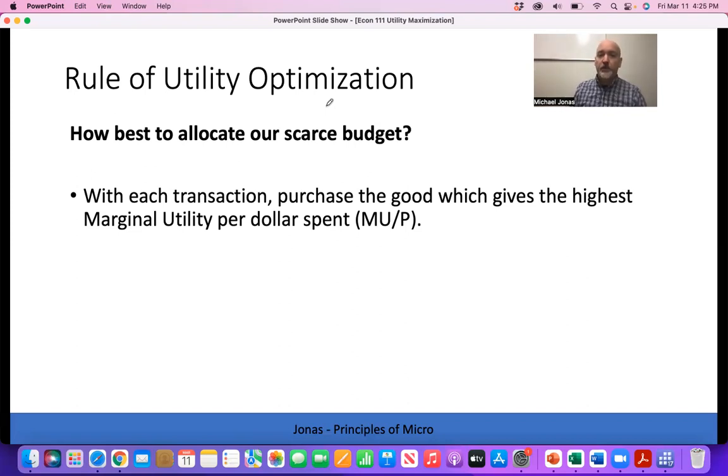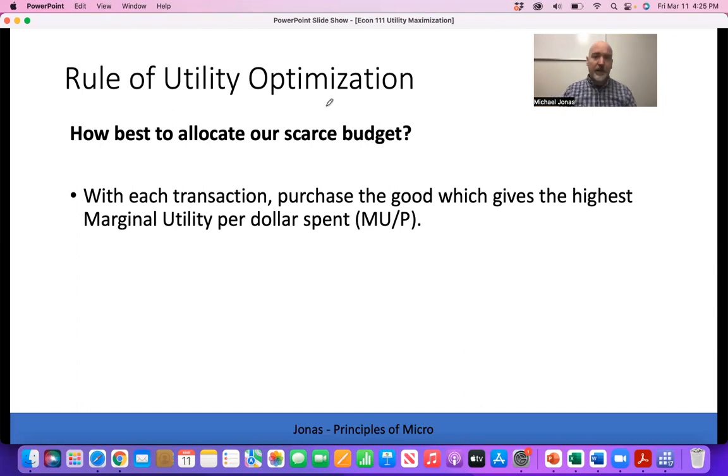So the simple rule is with each transaction, each dollar, each unit of currency that we spend, we want it to go to the unit of consumption that gives us the highest utility gain, the marginal utility per dollar spent. So we can't just look at the utility. It's got to be the benefit versus the cost. So it's utility per dollar spent. So we're controlling for essentially that price variable.